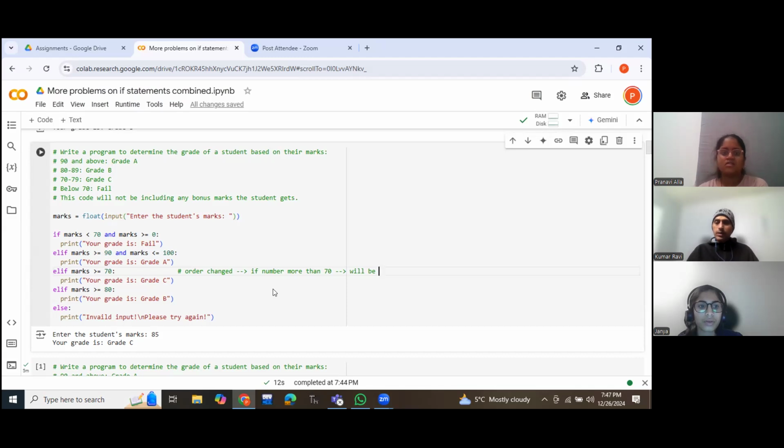Did you get that, Janya? See, the more conditions you check, or you can say the more expressions are evaluated, this condition is nothing but an expression. So if you change the logic of the code without having more conditions, more expressions, that's a better way.